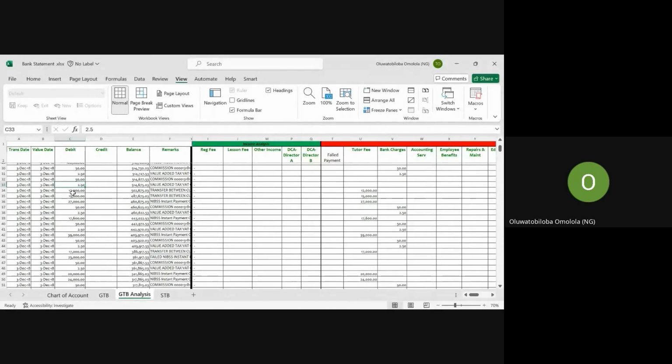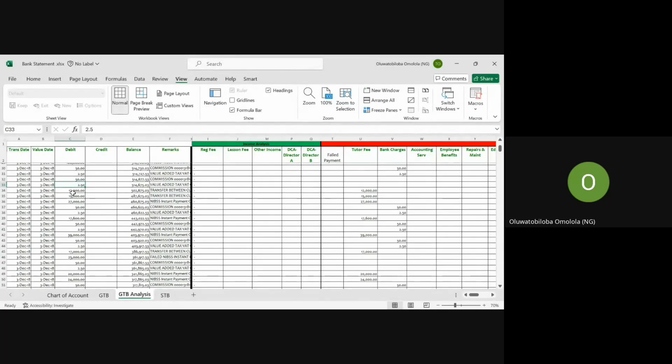Now, if you are the accountant of the company, it's very easy for you to know what each amount relates to. But if you're not the accountant, you have to sit down with the people who know what the transaction is and start mapping. If you don't know what it is, please don't map it anyhow, because you'll be reporting an incorrect amount.